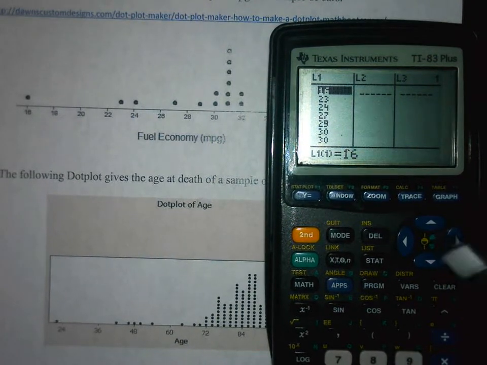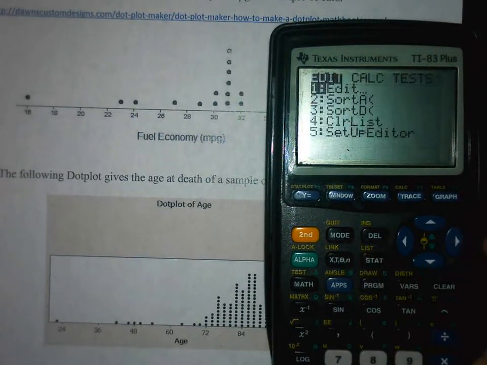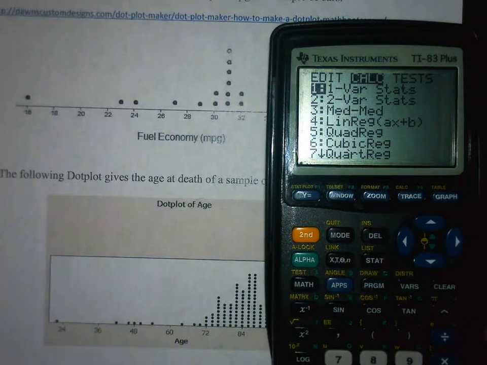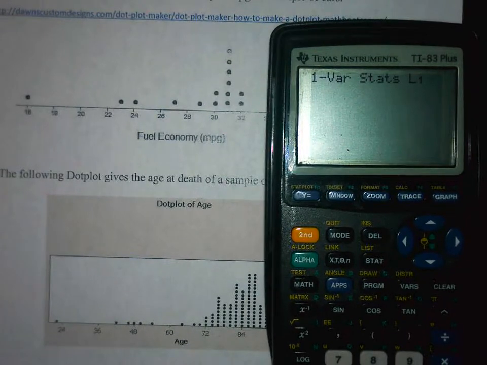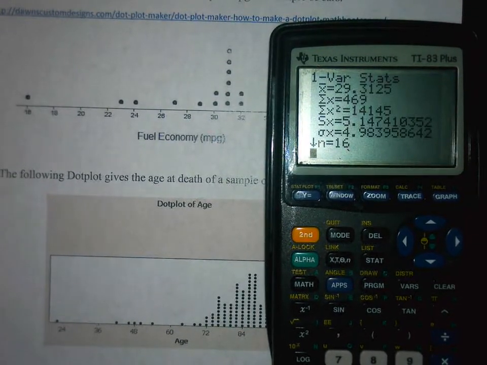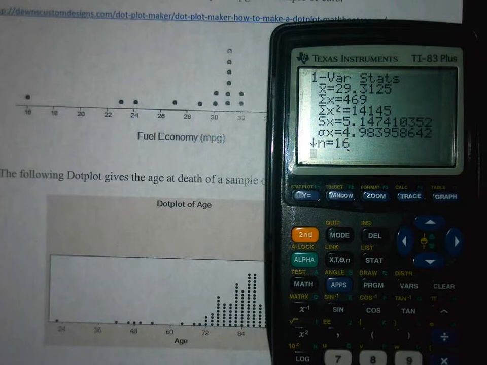If I calculate the 1-var stats, so stat, calculate, 1-var stats on list 1, it gives me a mean of 29.3.